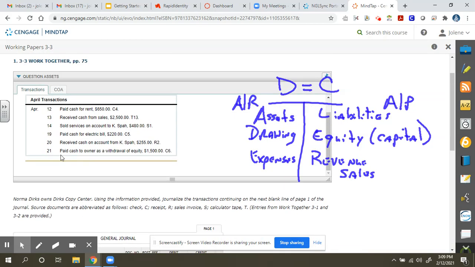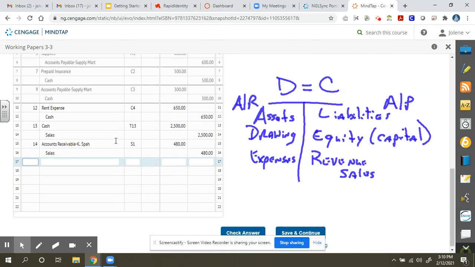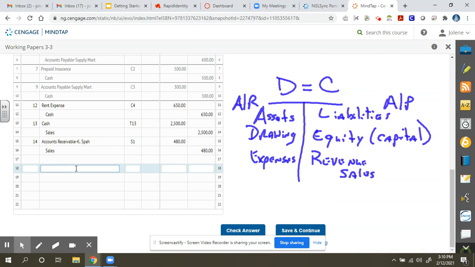Next transaction, paid cash for the electric bill, $220. Well, I know cash is going out, $220. And this is going to be check number 5 because right here we used 4. Your check numbers stay in numerical order.